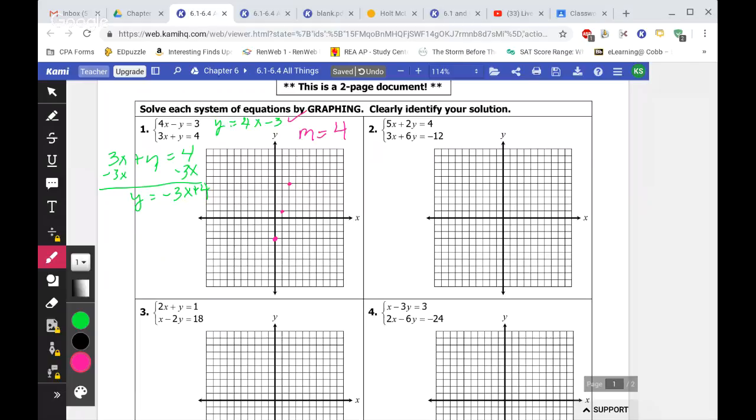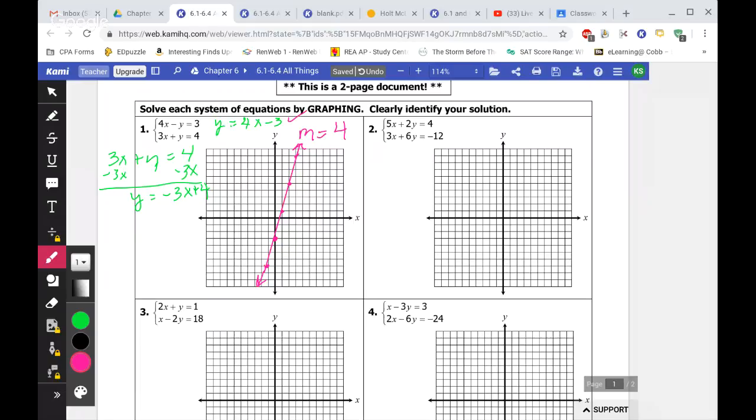And I always recommend trying to do several spots on this because you never really know where that intersection is going to take place. So try to cover your graph with some points. 1, 2, 3, 4, left 1. And I really can't go down 4 anymore. So I'm just going to connect my dots from here, my points. All right, so there's line 1.